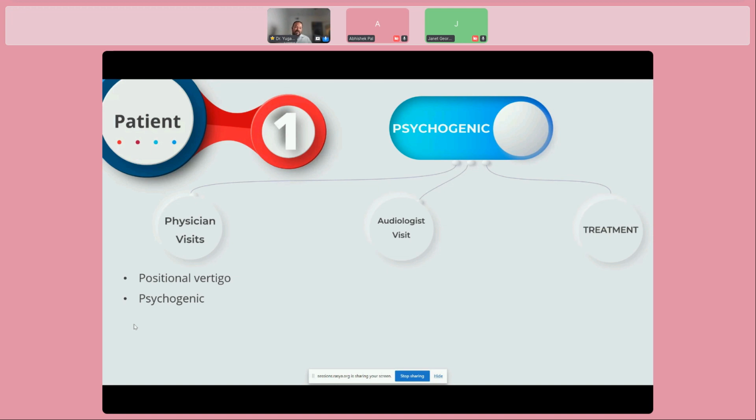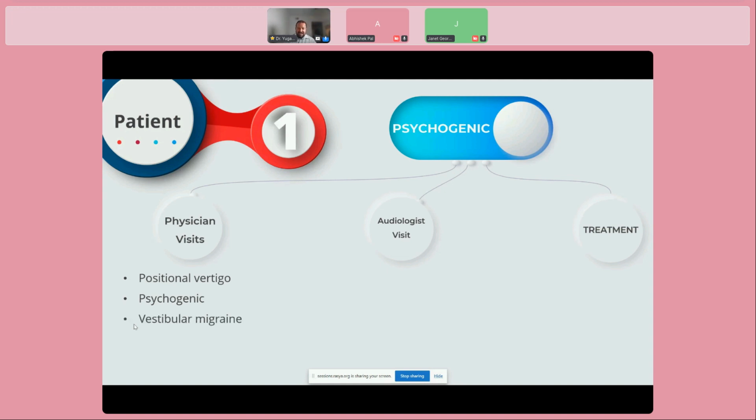This patient was also diagnosed as psychogenic. The biggest concern with this patient, and probably the majority of patients, is that we as audiologists and physicians, as a team, have to understand when to refer a patient for vestibular or balance evaluations. This patient was not referred for any balance or vestibular evaluation, but was put on medications.